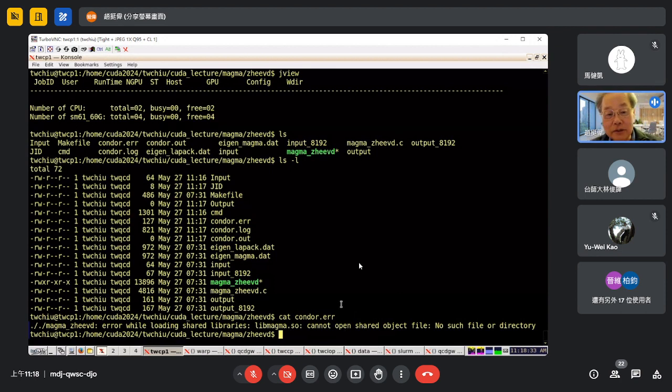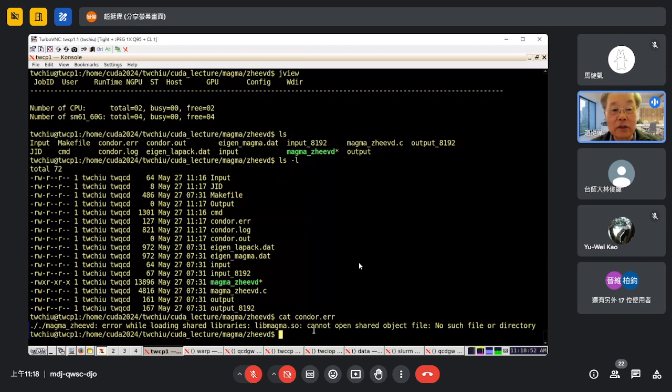So I have to wait until the library is completely built, and then we compile the code again and submit the job. Most likely I could not do the demonstration today, but maybe next time, or later you can also try it yourself.